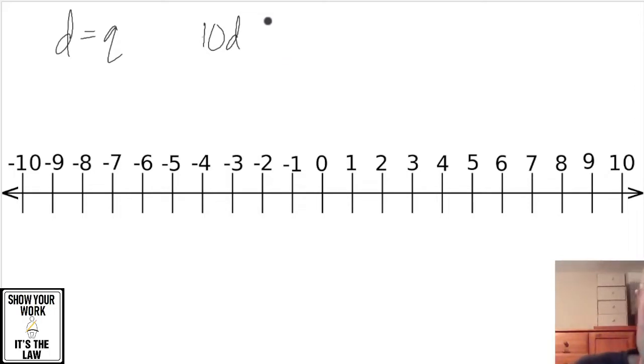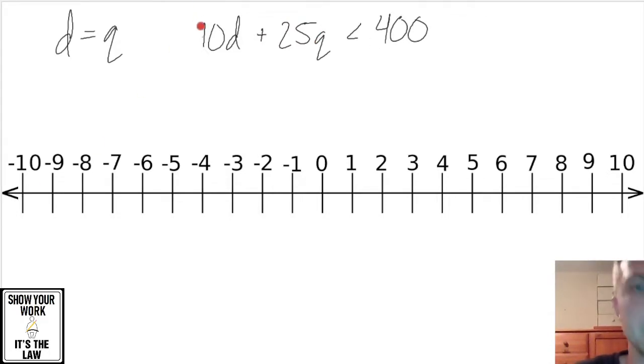The total less than $4. So the value of the dimes plus the value of the quarters is less than $4. But in this case, because I moved the decimal twice already, we got to move it twice over here. Because why? Because our units are cents. 10 cents, 25 cents. Therefore, we got to turn our dollars into cents right here. That's what we're doing here. I skipped a step for you. Hopefully you'll understand. If not, ask me about it.